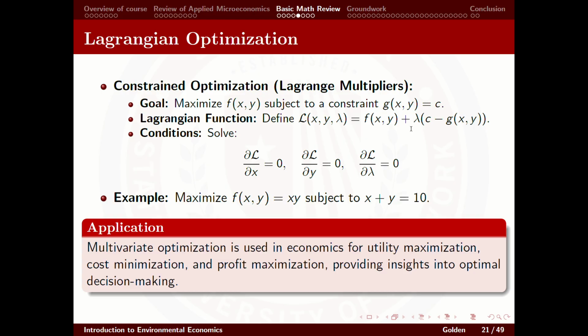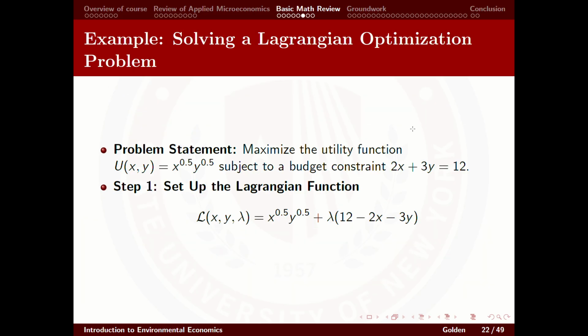Multivariate optimization is used for economics and utility maximization, cost minimization, profit maximization, and this is really helpful for decision making. So, if you want to maximize a utility function, you have this Cobb-Douglas utility function, very Cobb-Douglasy, you have like 0.5 and 0.5, so they add up to 1, which has all these nice features.